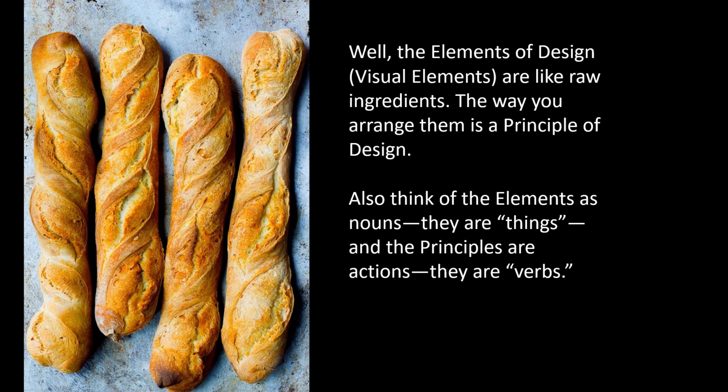You can't get this finished product of these lovely baguettes unless you do something with your raw materials. So the elements of design, or visual elements, are like raw materials, and the way you use them is the principle of design, basically, to continue that analogy. Also think of the visual elements or elements of design as nouns. They're things. And the principles, which we'll talk about in the next lecture, they're actions, they're verbs.